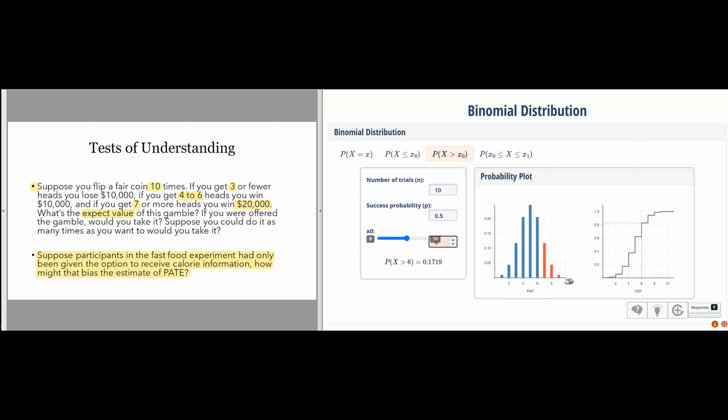For the 10 here, you can see a tiny little smudge of orange indicating some really tiny probability there.